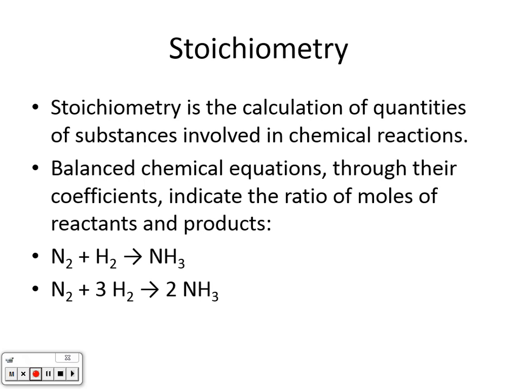We need 3 moles of hydrogen molecules for every 1 mole of nitrogen molecules. What will we end up with at the end of this reaction? 2 moles of NH3 molecules, right? These coefficients are giving us the ratio of ingredients, either in the reactants or the products, with how we go from one to the other. Okay? Let's go ahead.